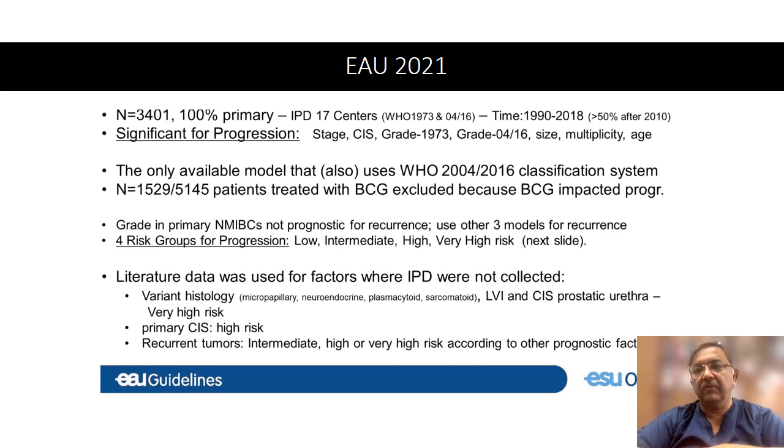Something that we didn't have previously was variant histology, which includes micropapillary, sarcomatoid, plasmacytoid, the presence of lymphovascular invasion, and CIS in the prostatic urethra. They've all been categorized into the very high risk group. Primary CIS again is high risk, and recurrent tumors have been assessed as well.